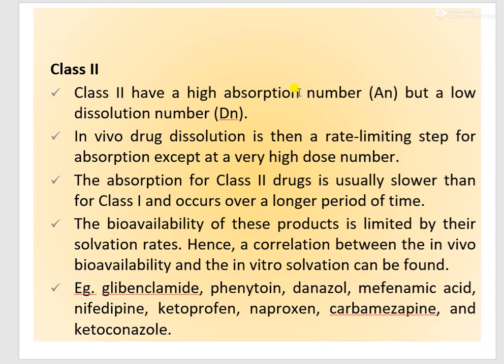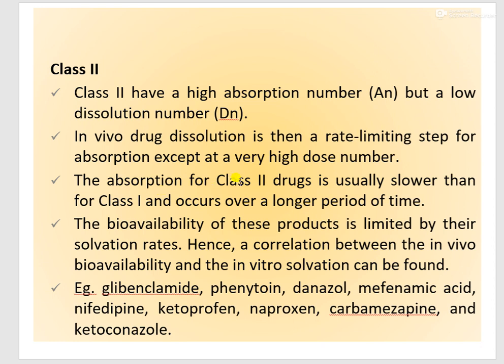Class 2 drugs have a high absorption number, but a low dissolution number. So AN will be high but DN will be low. In vivo drug dissolution is then the rate limiting step for absorption, except at very high dose number.